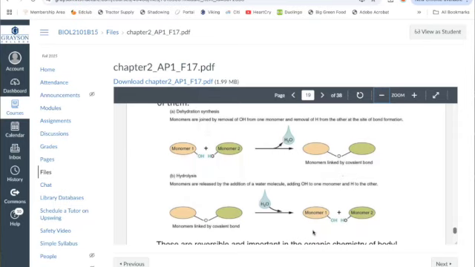So here it is. When you take out water, it's dehydrating it. But when you put in water, it's called hydrolysis. Okay, this dehydration, hydrolysis. Hydro means water. Lysis means break. So the water will actually come in and break things.